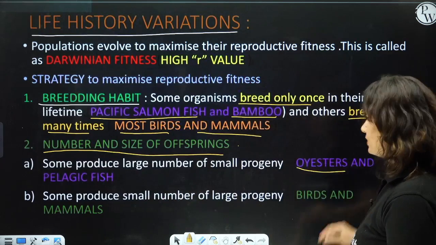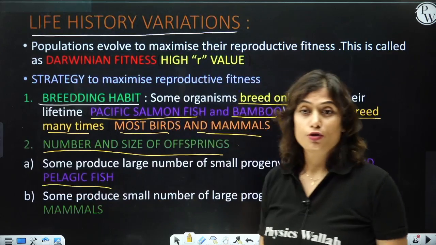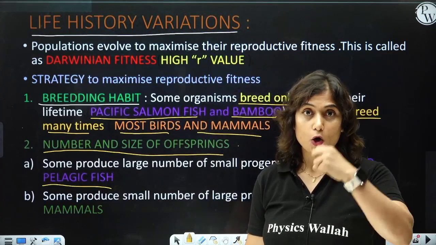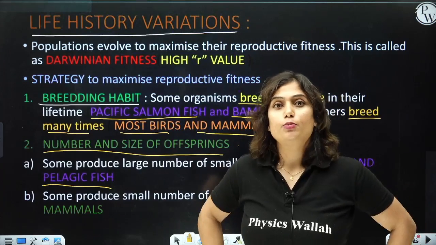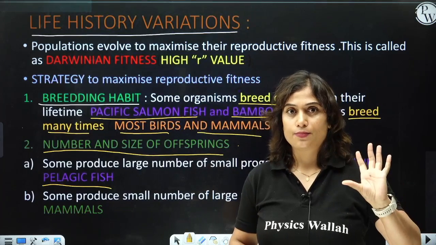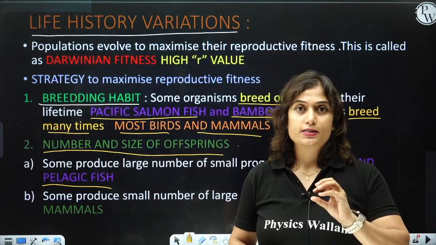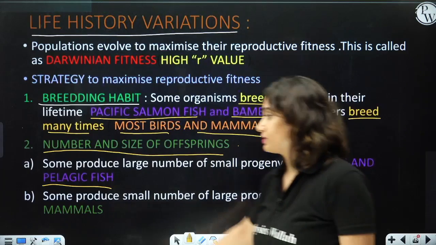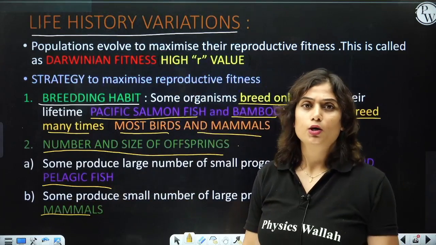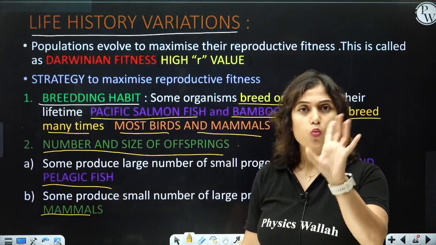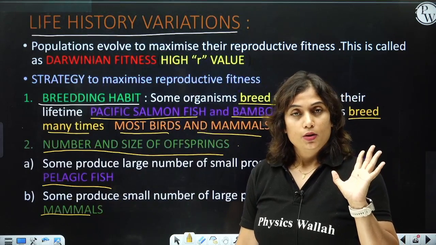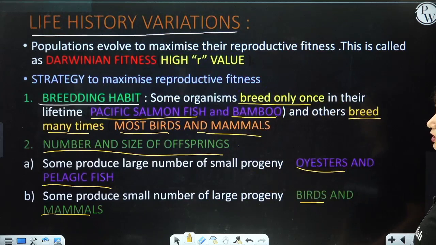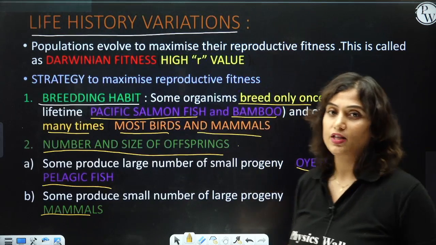Example, oysters and pelagic fish. But some organisms have adopted the strategy that they will produce very few offspring, but of large size, like in birds and mammals. Like in humans, we give birth to only one infant at a time. Okay, so these are the different strategies adopted by different organisms to achieve their R value.